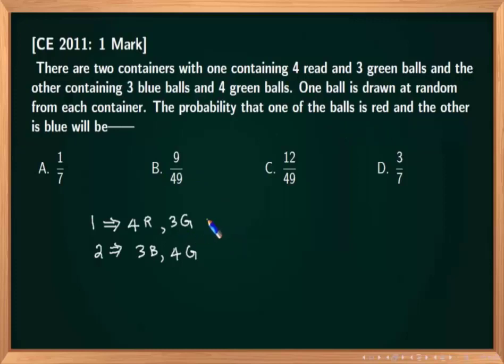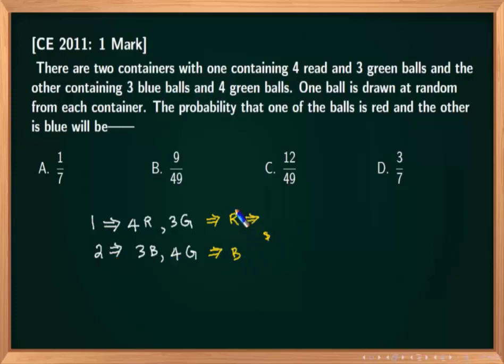So I can get a red only from this box, right? I can get a red only from this particular container, and I can get a blue, that is the second condition. I have only one option. I can get a blue only from the second container. So my question actually, if I reread the question, what it means is that I need to get a red from the first, and I have to get a blue from the second.